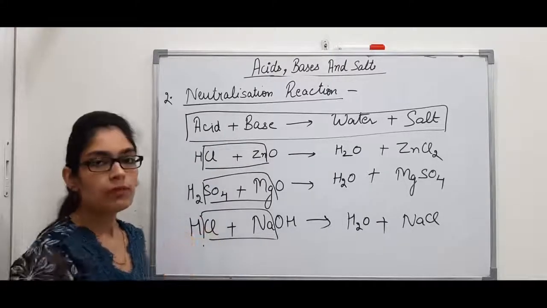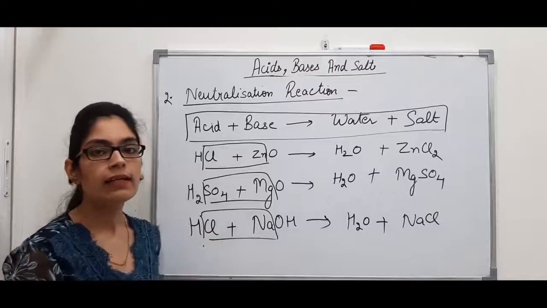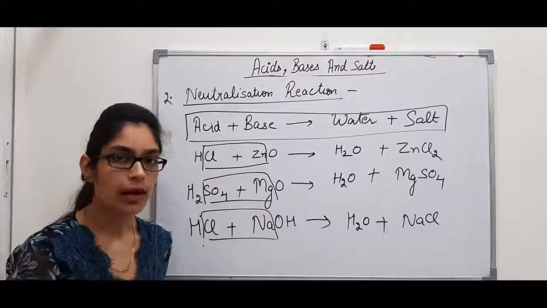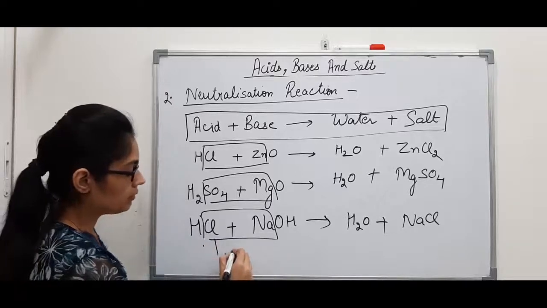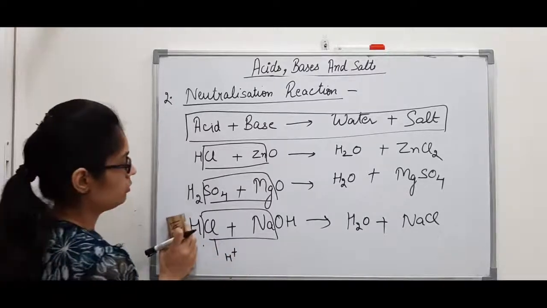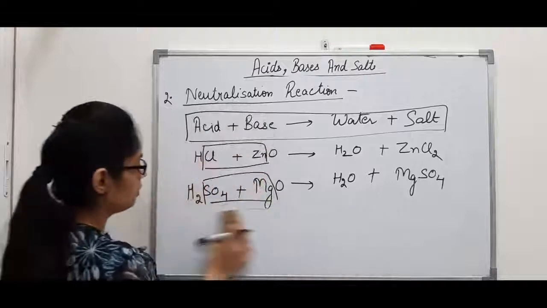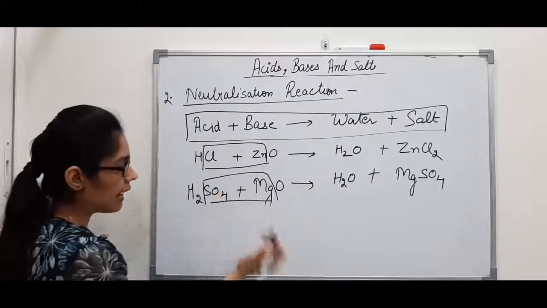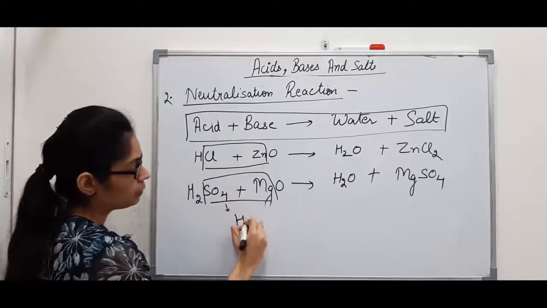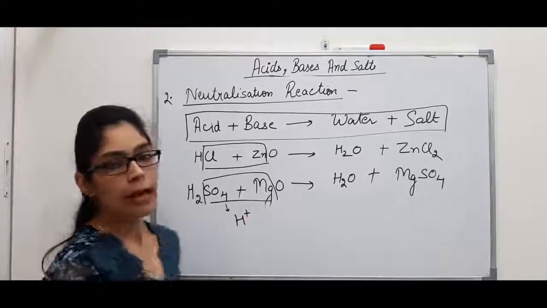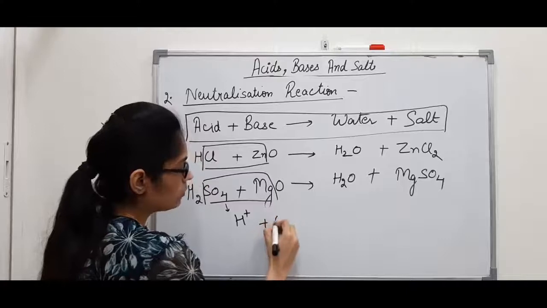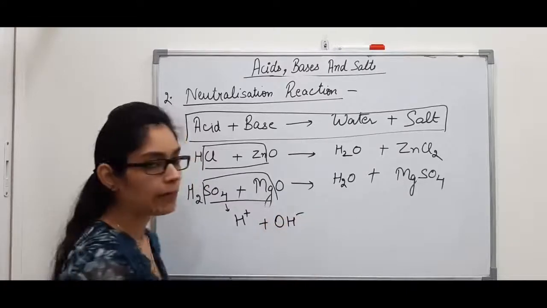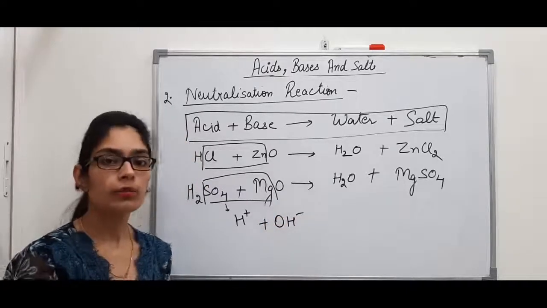See, we have discussed at the starting, while discussing the properties of acid, that acid is any substance which gives us H positive ion in its solution. So this acid will give us H positive ion in its solution. And bases we have discussed, alkalis, they will give us OH negative ions, like potassium hydroxide or sodium hydroxide.